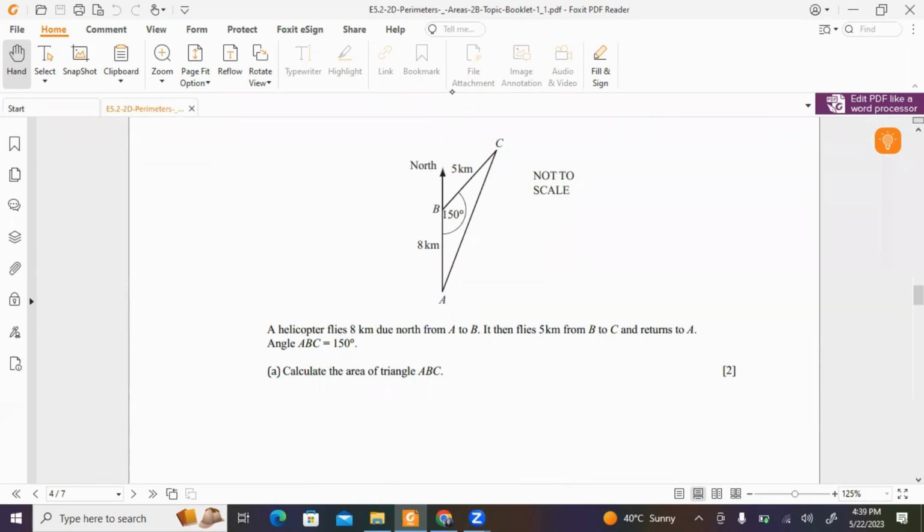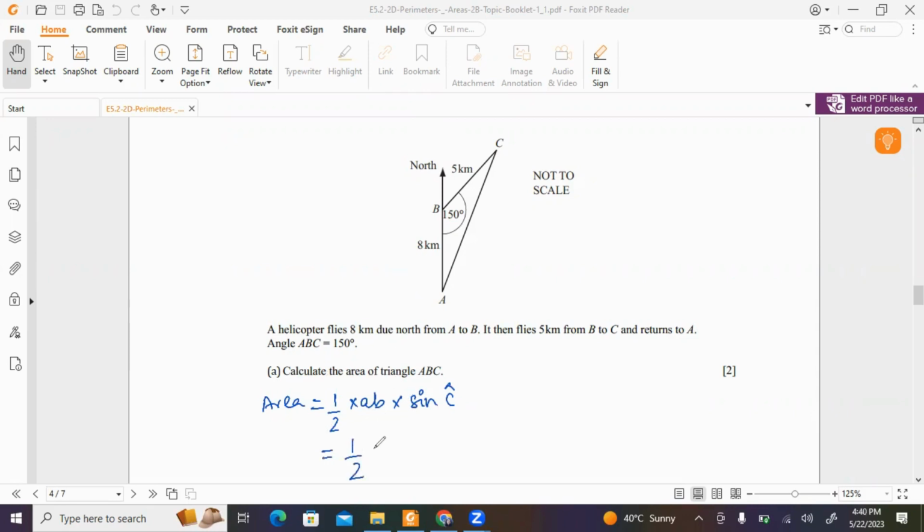Calculate the area. If you remember from our previous videos where we discussed finding the areas of non-right angle triangles, the formula we used was 1/2 times a times b times sine of angle C. This formula is applicable when we have a non-right angle triangle with two lengths and the angle between them, which is applicable over here.